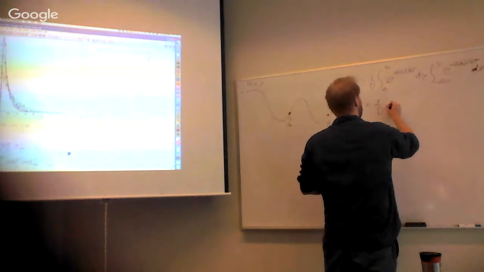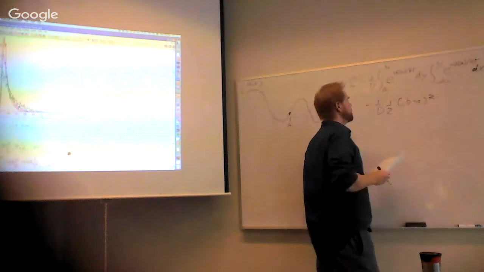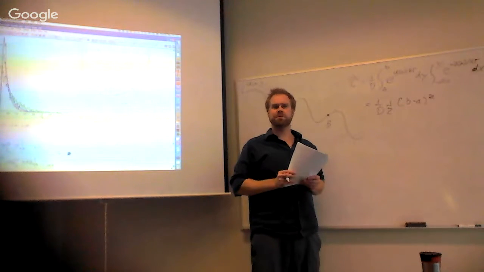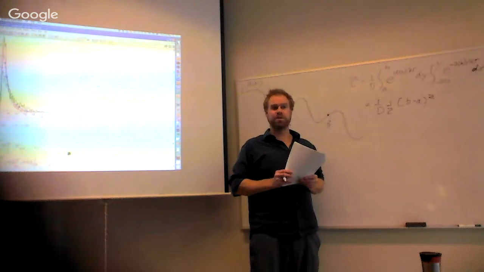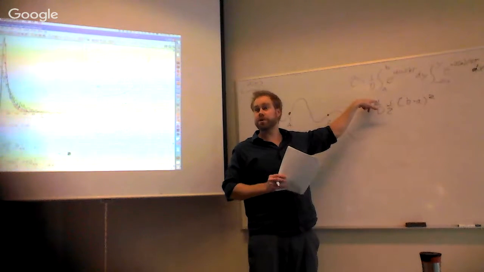We get 1/2 (b minus a) squared. Does that look familiar at all? I feel like it should. That's just straight up diffusion, right? So this can capture the diffusive limit when the potential is 0.